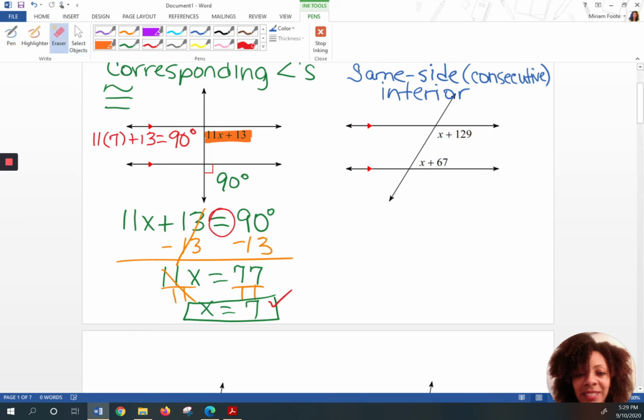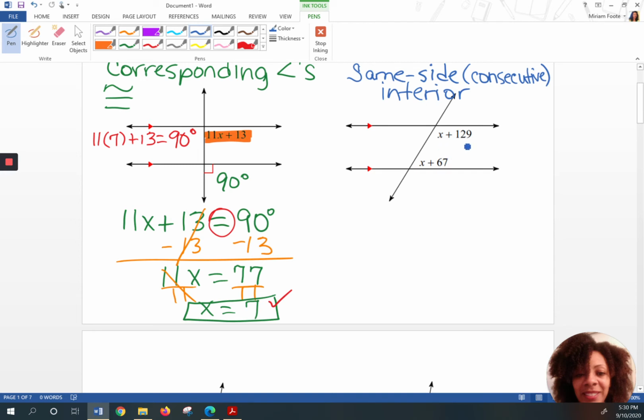Okay, so before we set this up, you have to understand that if it's same side interior, that means that it's supplementary. Supplementary means I add two angles together and set them equal to 180.